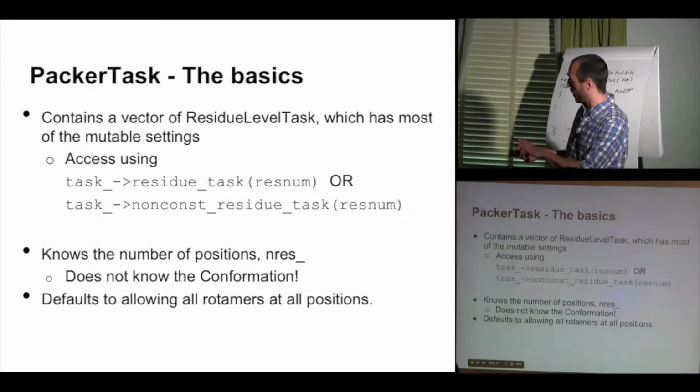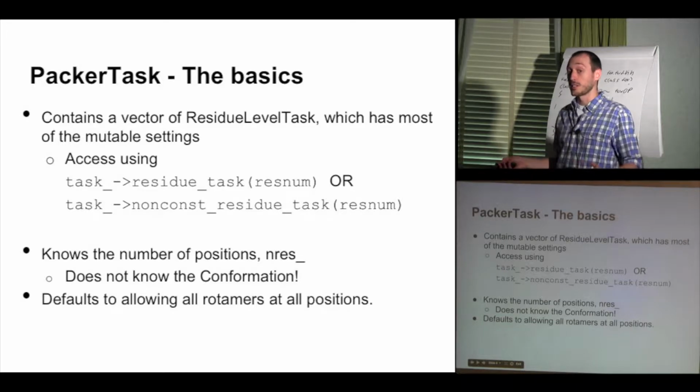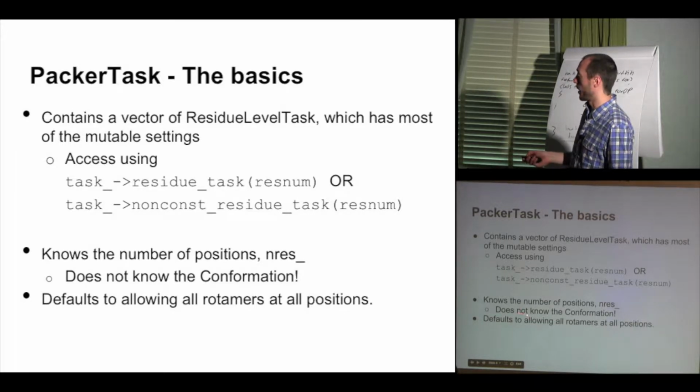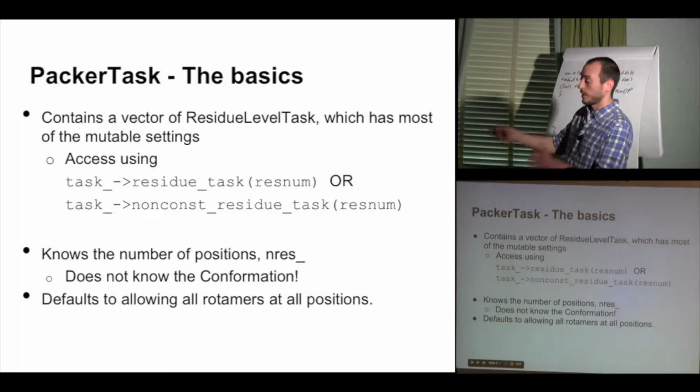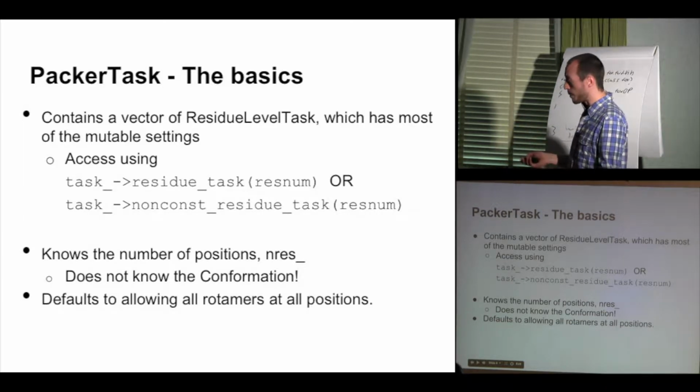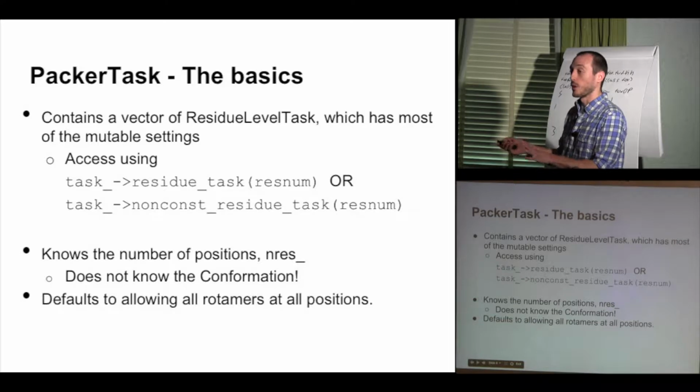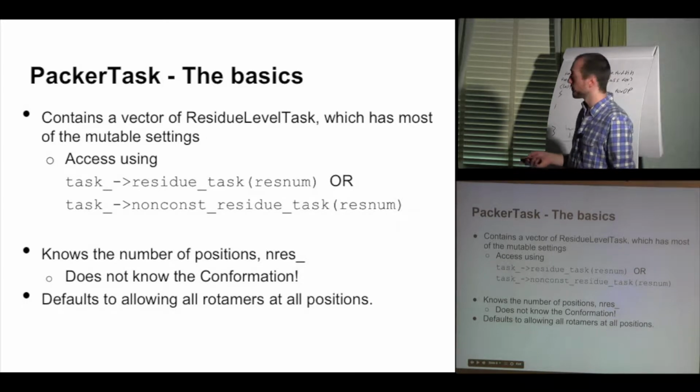If that's not clear, hopefully in a couple of slides it will be. And the default PackerTask allows all rotamers at all positions. So if you just hand the Packer some pose, it'll allow you to design any conformation of any of the 20 canonical amino acids, let's say, at any position.